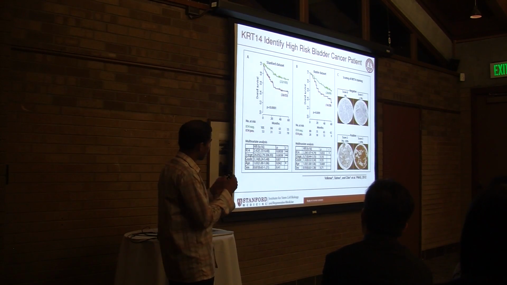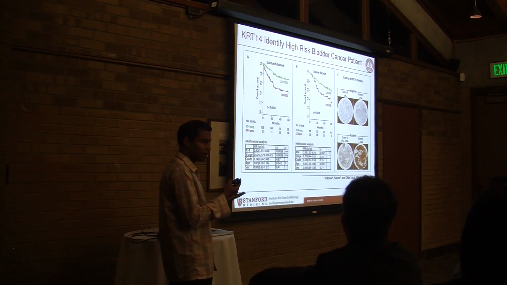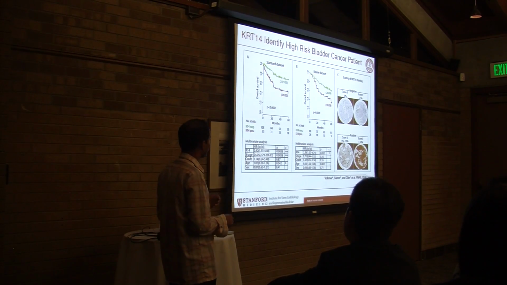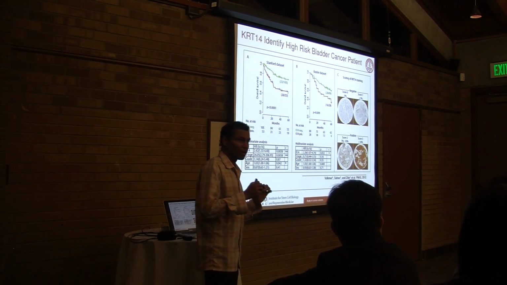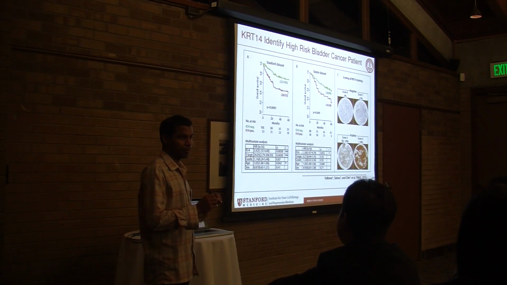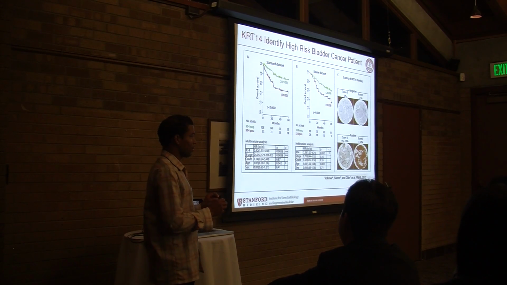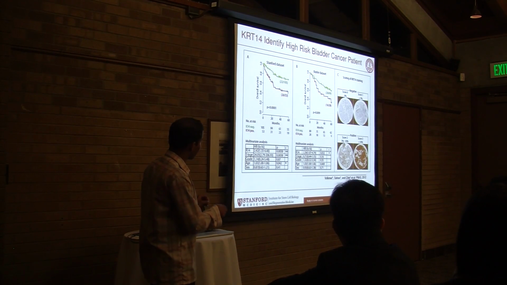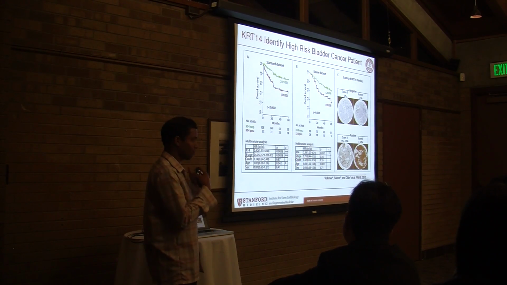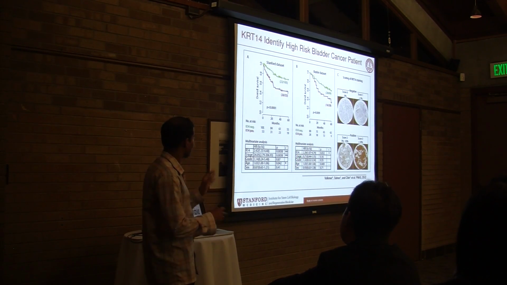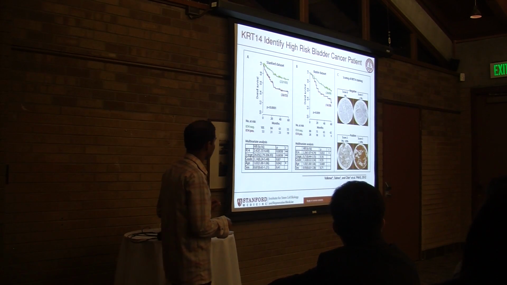Grade is a crude measure of differentiation, just by looking at the tissue, how bad the tissue looks. Stage and grade are the best markers used right now in the clinic. When the bladder cancer patient goes to the hospital, the doctor looks at stage and grade and makes all the treatment decisions.